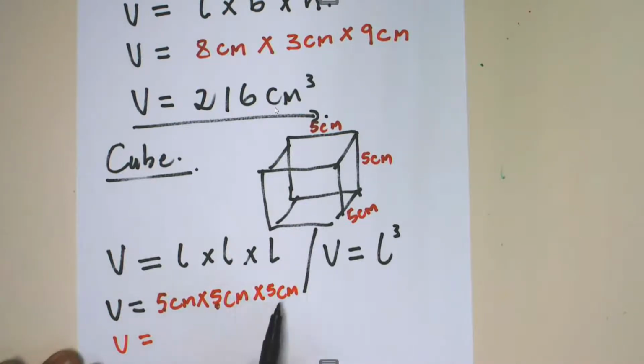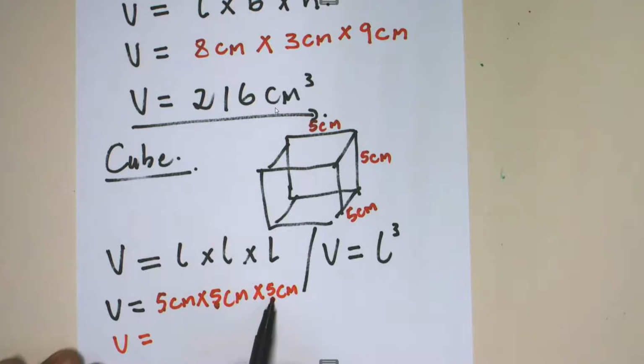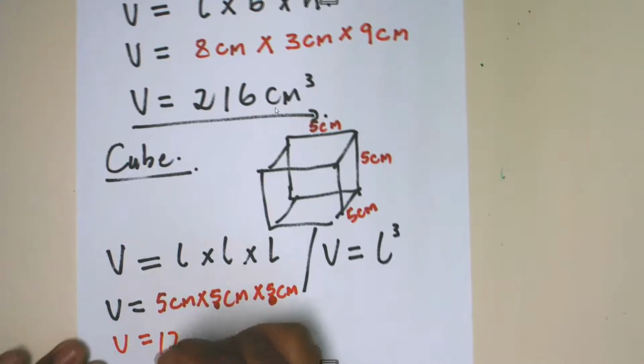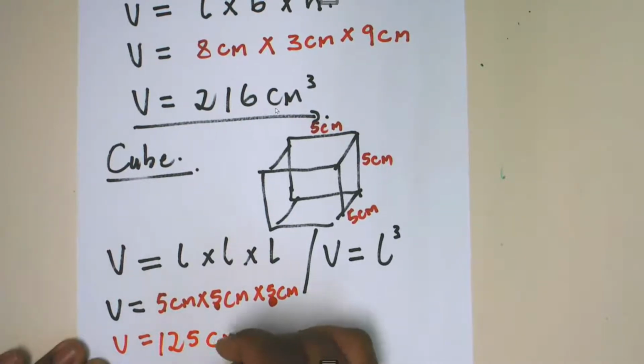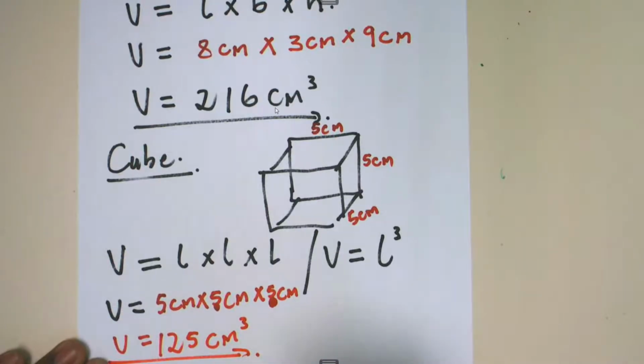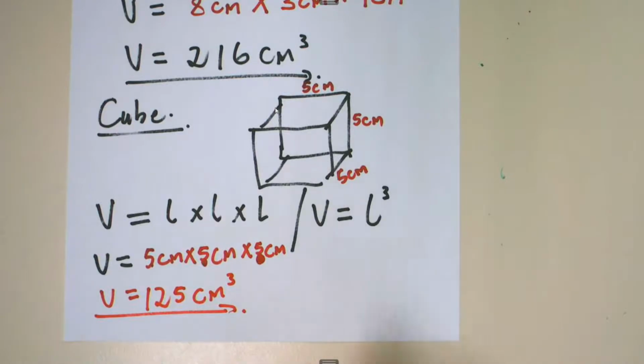And then 25 times 5, okay, we know 4 25s is 100, and therefore now plus another 25, it will be 125 cubic centimeters. Therefore, this is the volume of this cube.